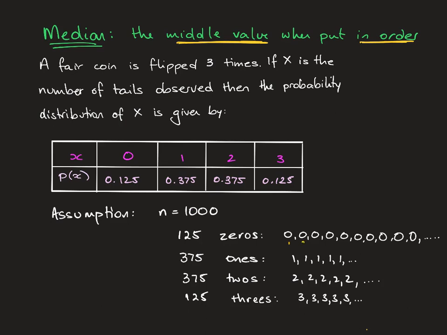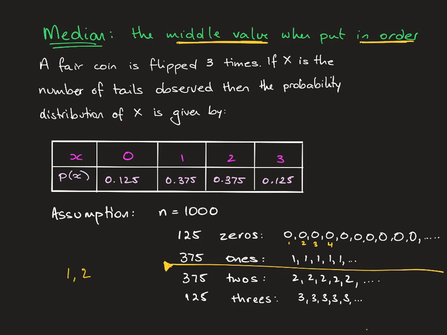So if we count in 500 places, 1, 2, 3, 4, 5, etc., we'll end up here in between the two, at exactly the point where the ones finish and the twos begin.